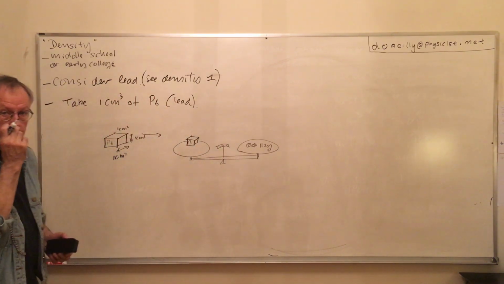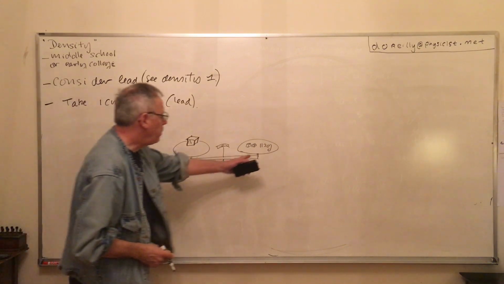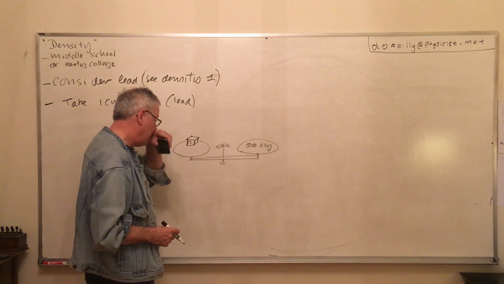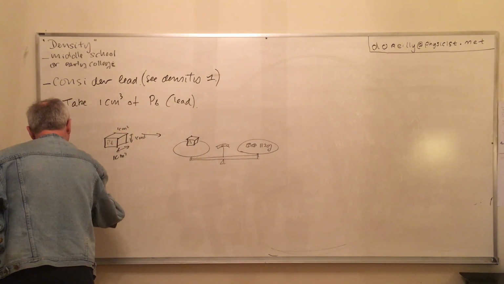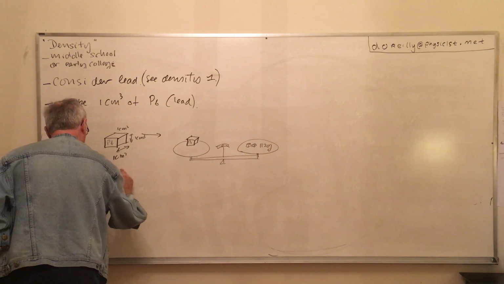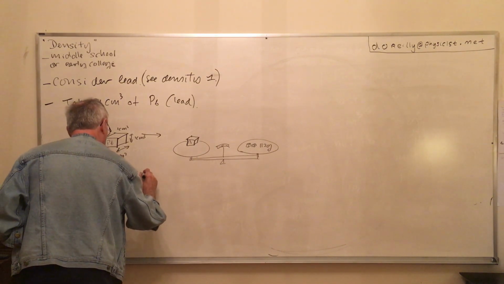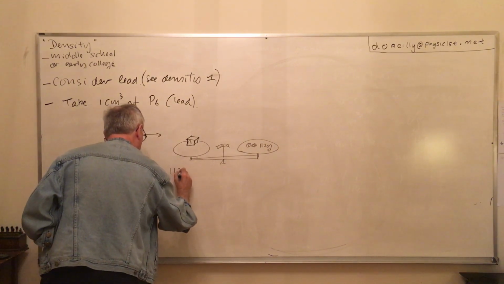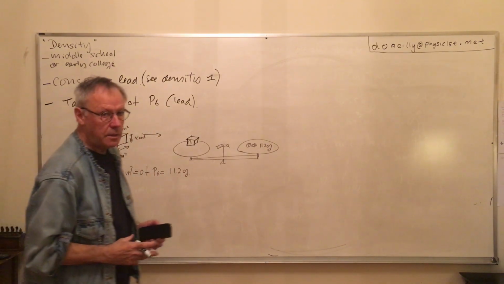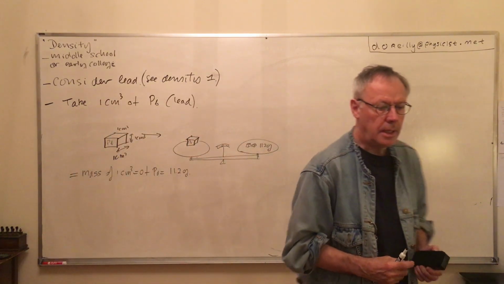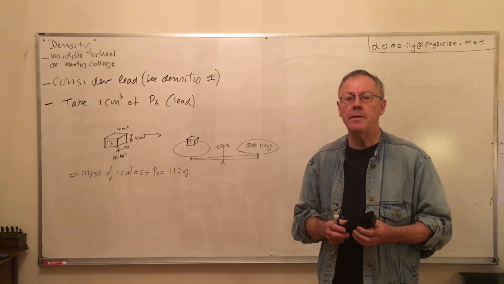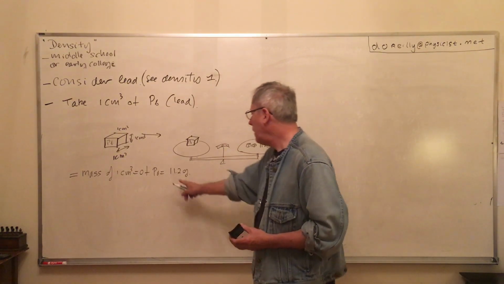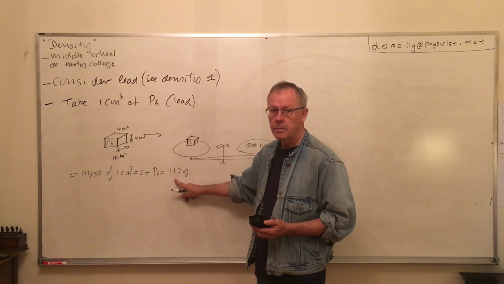Put it on the weighing scales, balance, any way you want to do it. And I'll have to put 11.2 grams of weights over here to balance it. We find that for lead, it's not 1 gram, it's 11.2 grams. How many times heavier than that per gram is it than water? 11.2 times heavier than water, right?